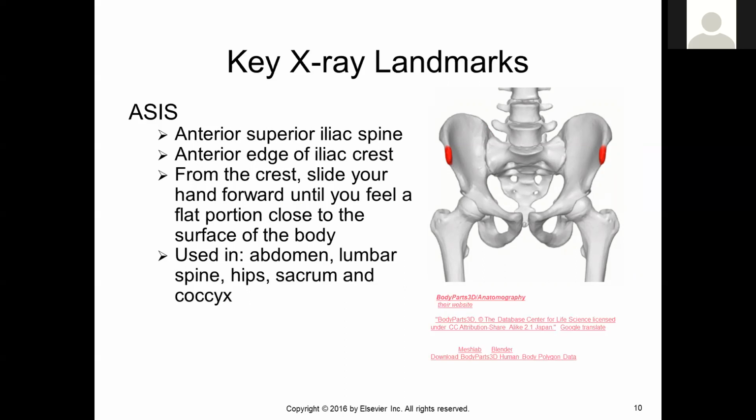So this is about where you would have a pants pocket. You should be able to feel this easily because it sits very close to the anterior surface of the body. So that's the ASIS. We use those to check for rotation on a KUB.